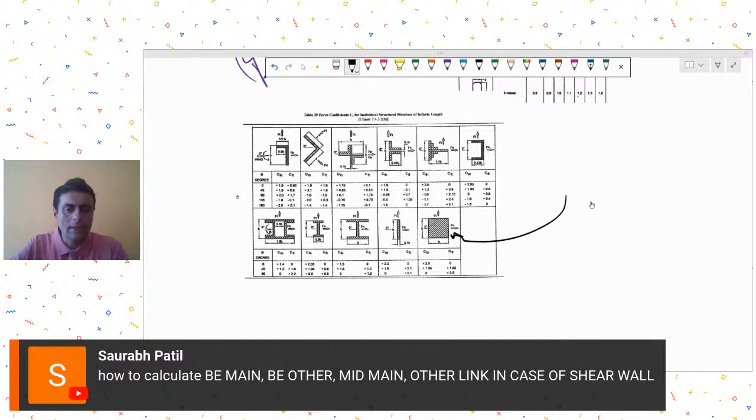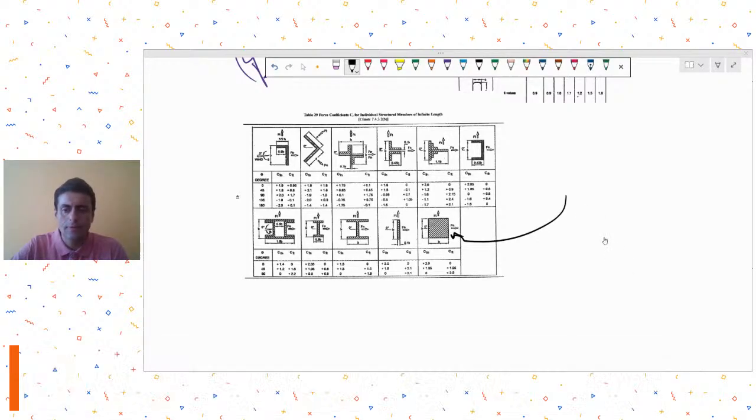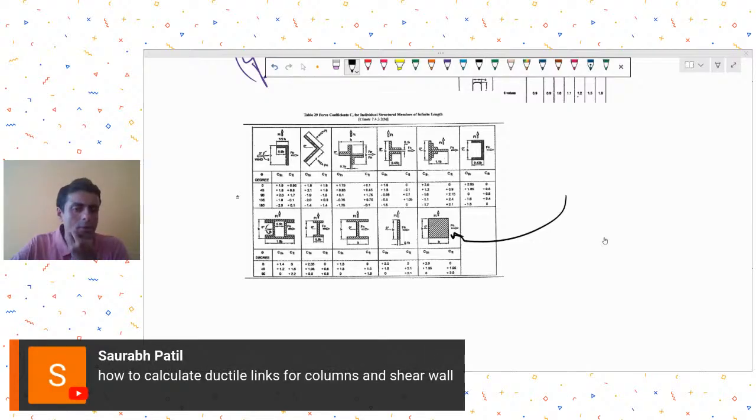Engineer Saurabh Patil is asking how to calculate BE main, BE other, mid main, other link. What is this BE main, BE other? Are you talking about the reinforcements, shear reinforcements? Okay, yeah. How to calculate ductile links for columns and shear walls. You could refer to IS 13920.